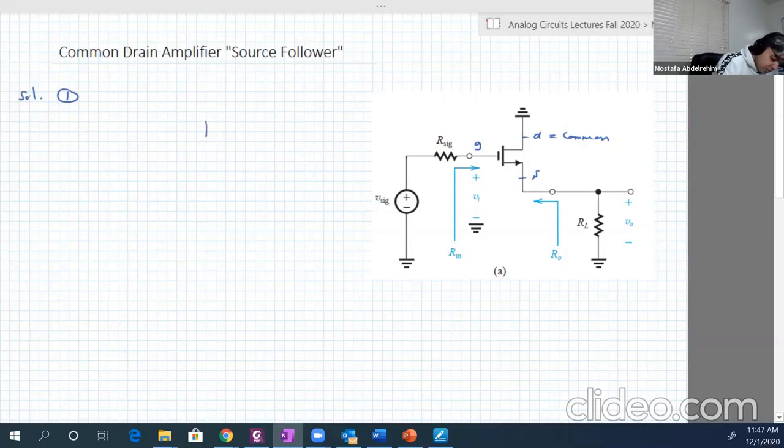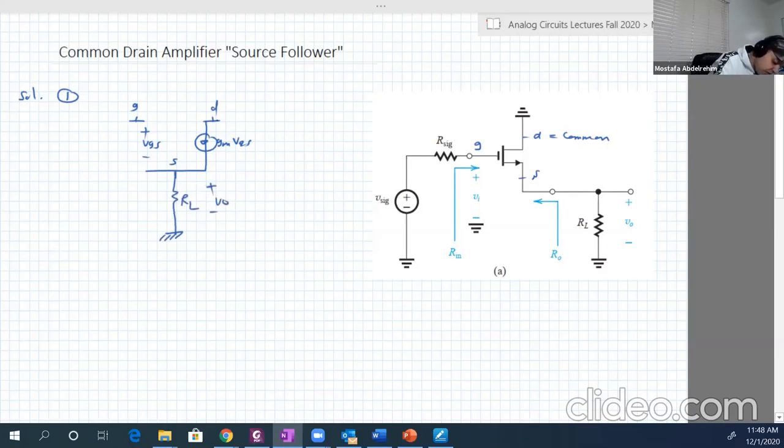Here is the source, here is the gate, here is the drain, gm VGS, and here is VGS, and it's open circuit between the gate and the source. So the source is connected to RL like this, and here is VO.